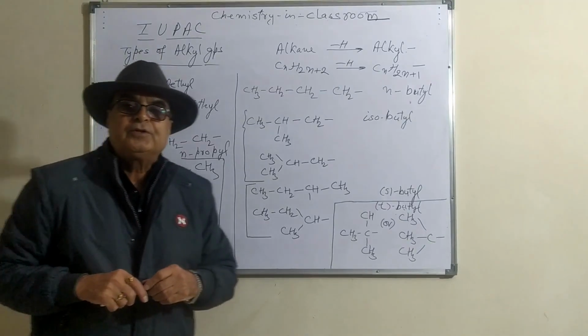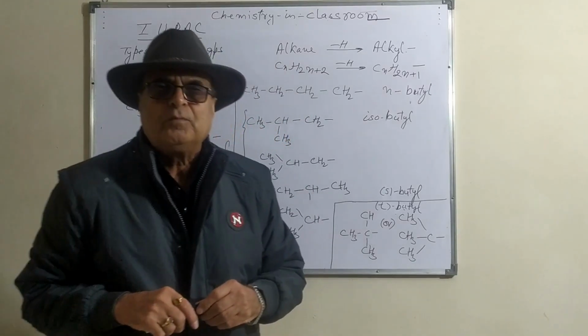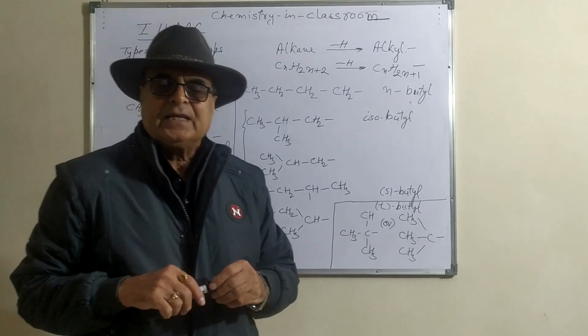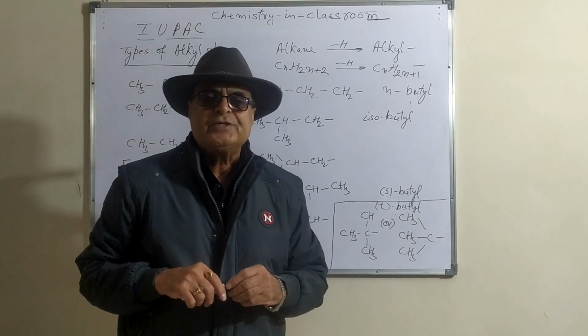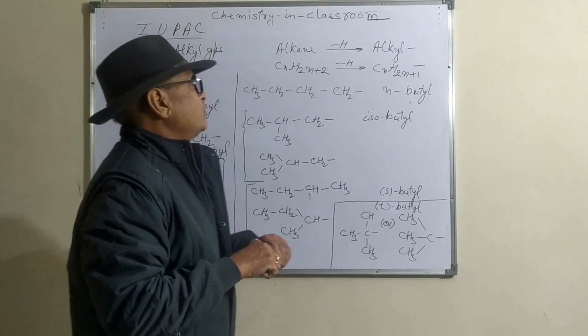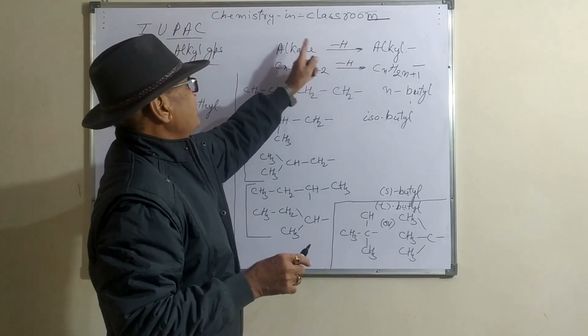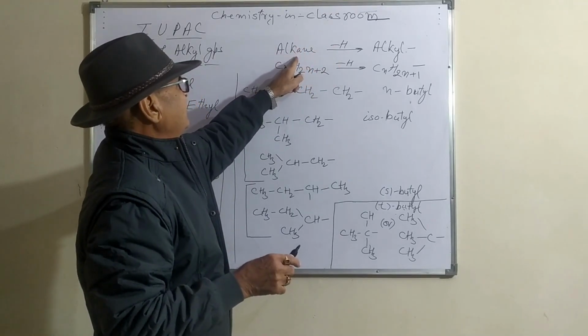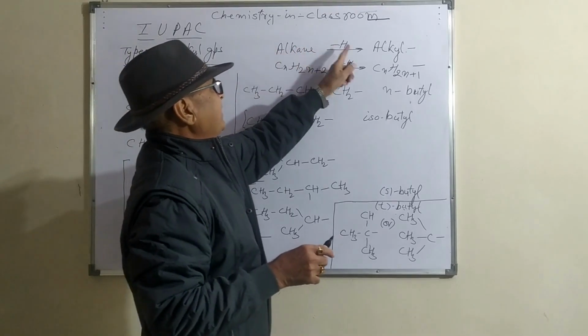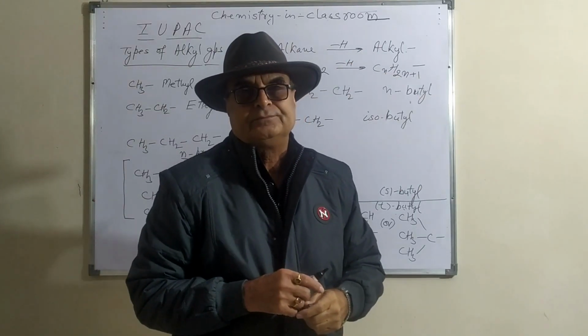As I told you about the types of the carbon atom, now you should know about the types of the alkyl groups. So the first question arises, what are alkyl groups? When one hydrogen is replaced from the alkane, the rest part of the alkane will be called an alkyl group.